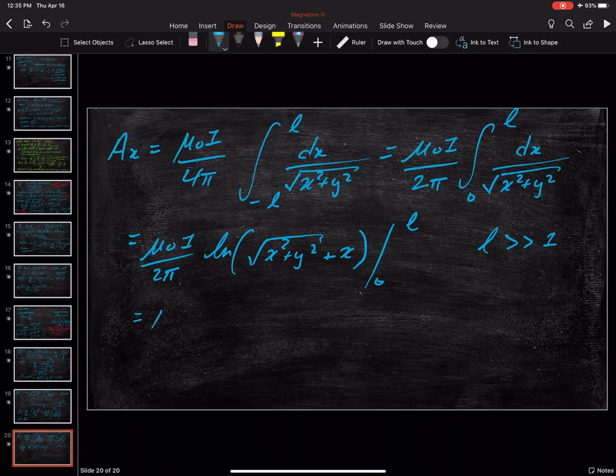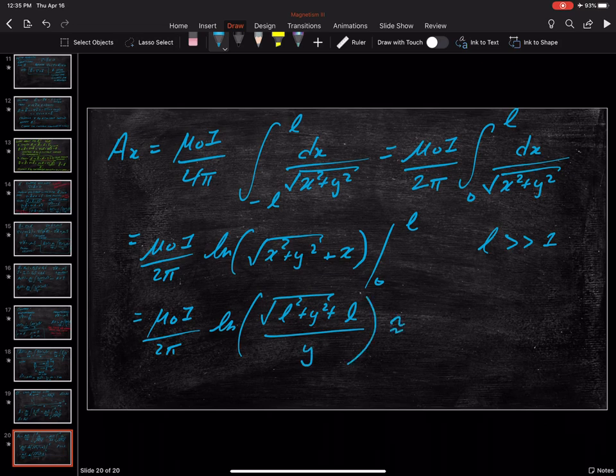So this will be mu naught I over 2 pi times the natural log of the square root of L squared plus y squared, plus L, all over y, which is pretty much the same since L is a whole lot bigger than y.